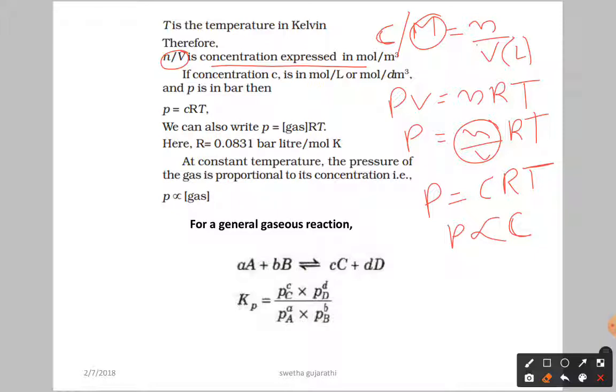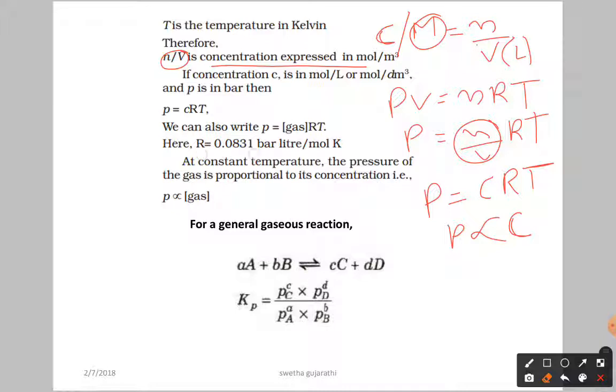As you know very well, P here is for the gas, because we are taking the gas now, so gas concentration into RT. The R value here we are taking in bar, because we took pressure in bar. So what is the value of R? 0.0831. Again the R value came, so you have to recap what we discussed in states of matter.